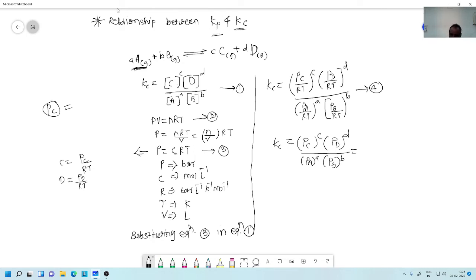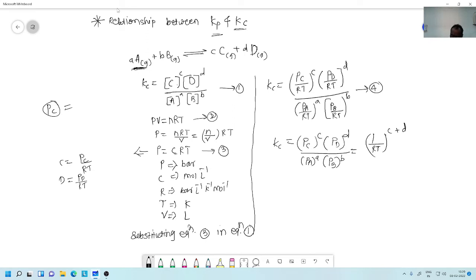When it is divided by 1 bar, the quantity PA, PB, PC and PD will be equal to 1. Therefore, we get 1 divided by RT raised to c plus d, because this quantity is divided by 1 bar, considered as 1 bar partial pressure.